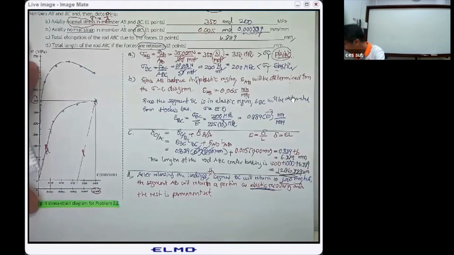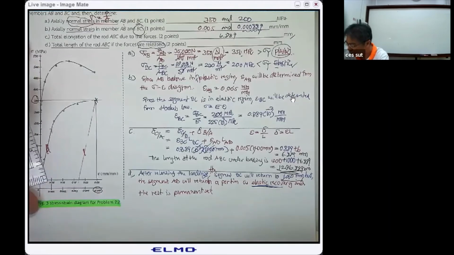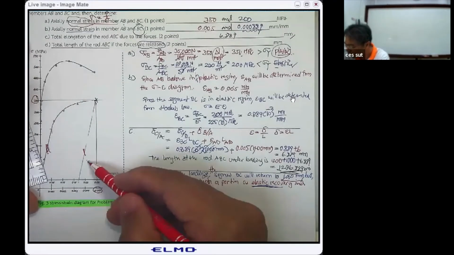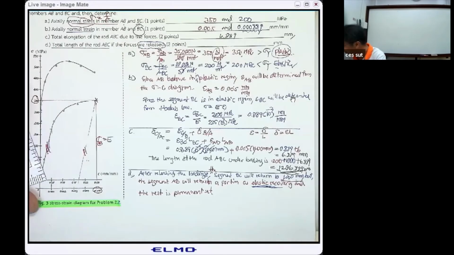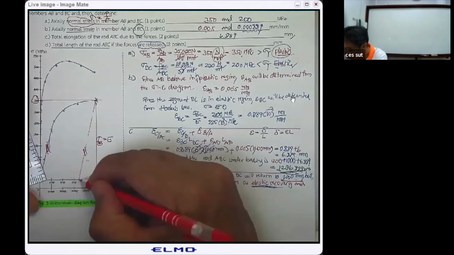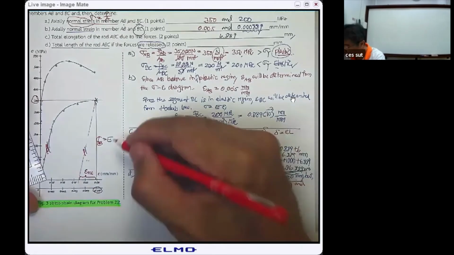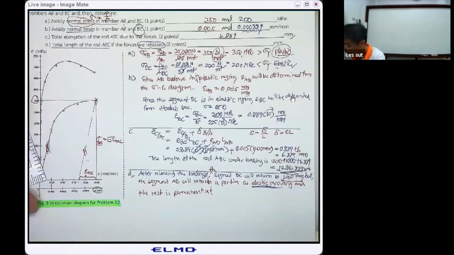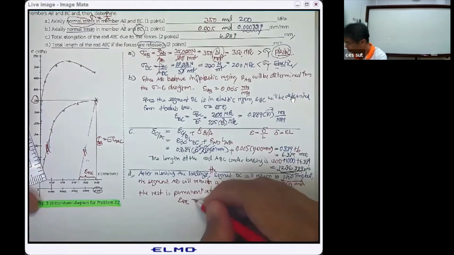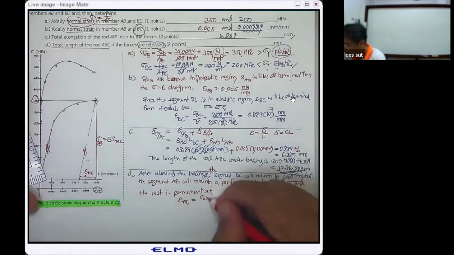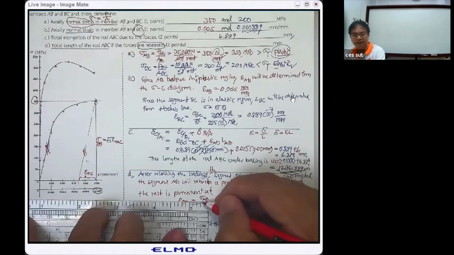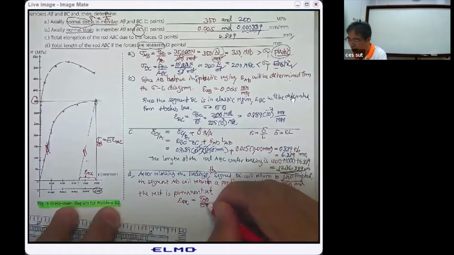Since it returns its elastic recovery for this triangle, we have the stress sigma sub AB equal to, since the slope over here and here are equal, E times the strain recovery. So the strain recovery is going to be sigma sub AB divided by the modulus of elasticity.